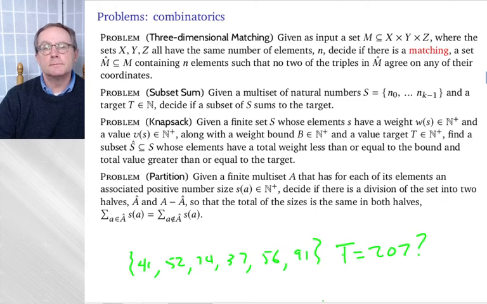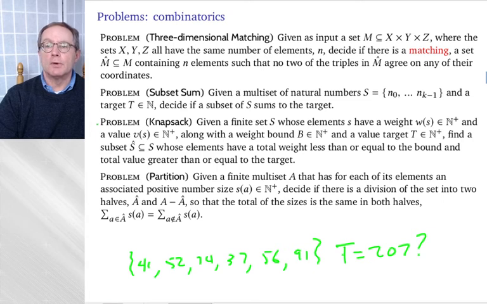The knapsack problem. You're given a finite set whose elements have a weight and a value. You imagine, for example, that you're packing for a trip and the things in your knapsack all weigh something. You don't want to carry something that's heavy, and also a value. You want to carry things that are important.